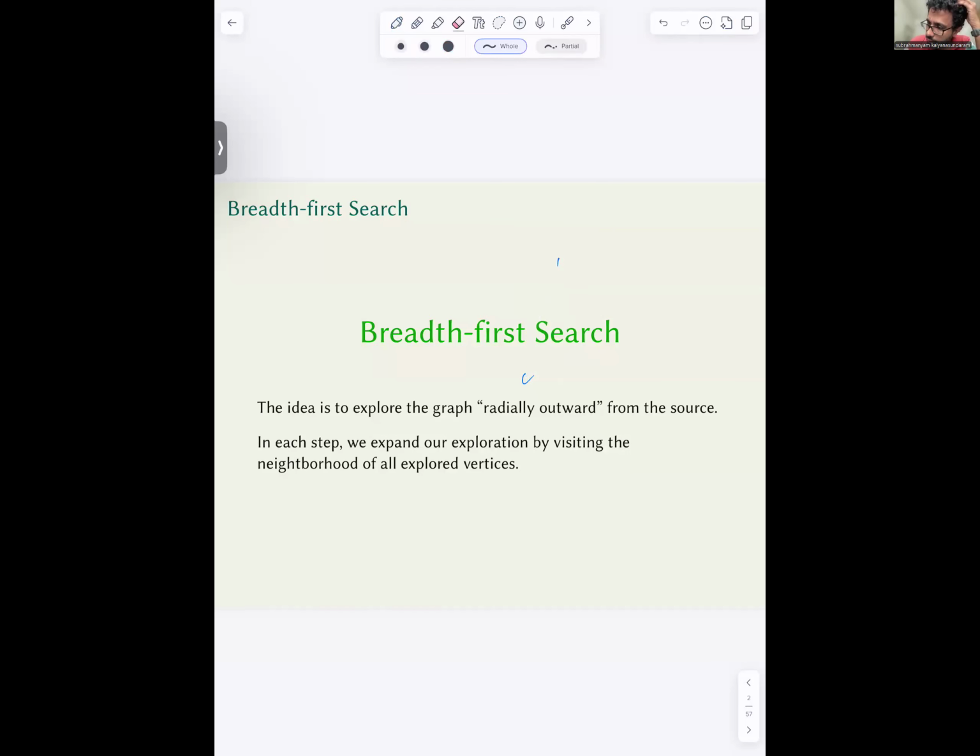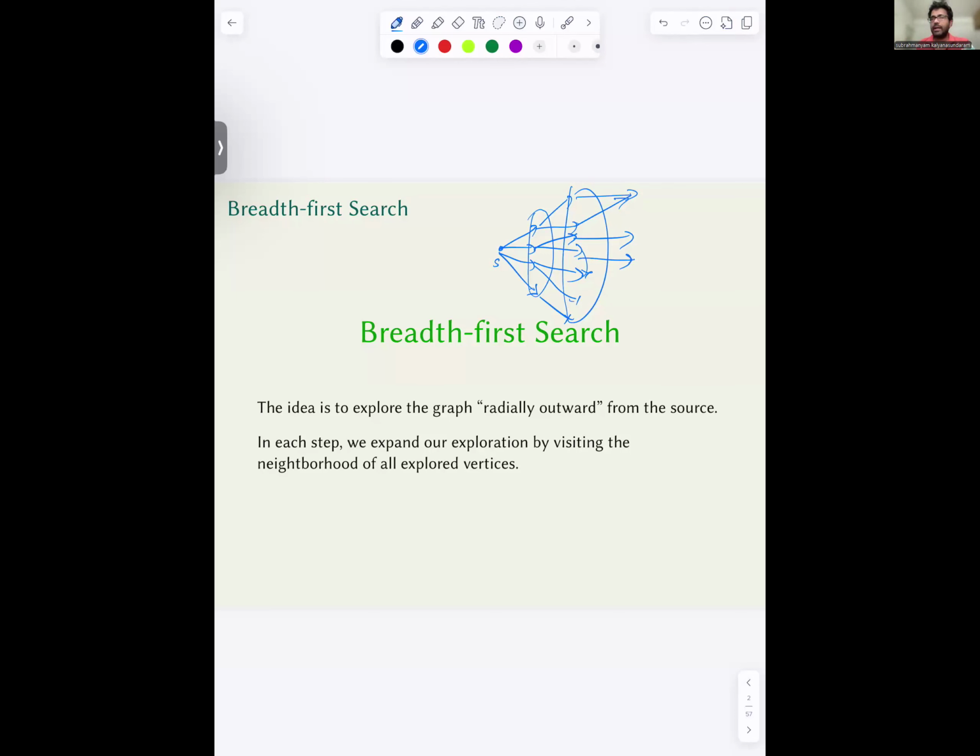In breadth first search, what you do is a completely different kind of approach. You start from a vertex, let's call it S, then you go through all its neighbors, right? Then you go to all their neighbors, all their neighbors that have not been discovered. Then you go to the next level. There could also be edges like this, but those are already discovered.